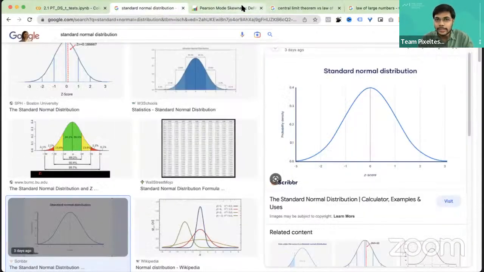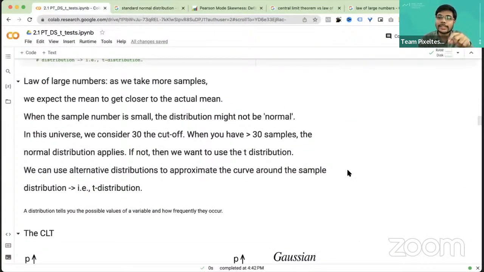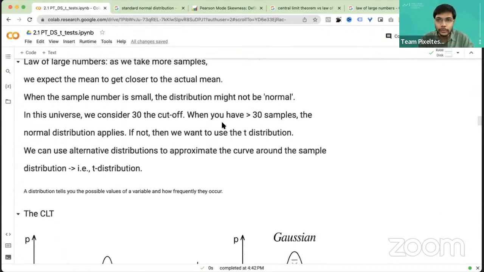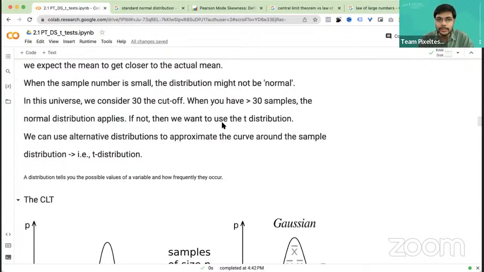But what happens here is that the more samples you take, you approach the actual value. So this is commonly applied everywhere, even in all the analysis and surveys, right? Even in our case, we are going to test it and see how it is true. Thank you so much.